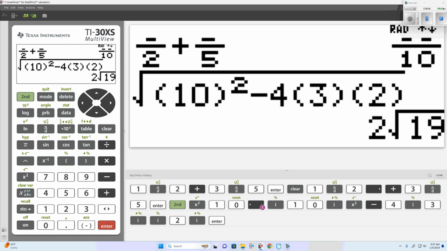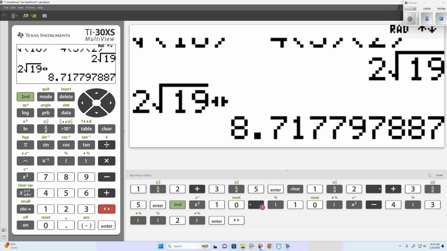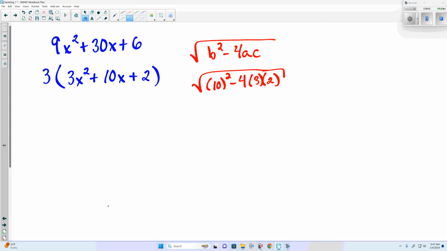That's a decimal, because if I converted the radical, it's 8 point something. So what that's telling us is that it is completely factored. It's not that it's not factorable, because there is a greatest common factor of 3. We can factor it. It just doesn't factor from there. Does that make sense? That's as far as it'll go, yeah.